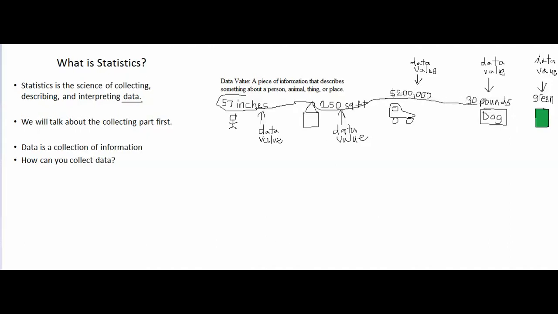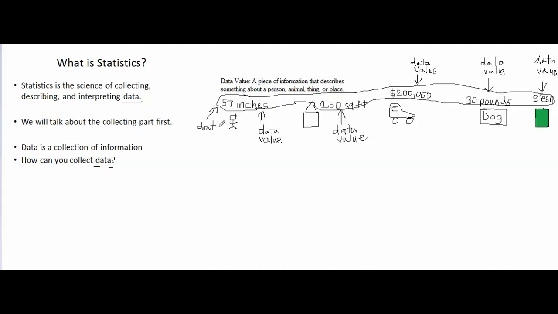We have a collection of data values. So the word data is just a plural word for data value. When you see the word data, just think of more than one data value. So I'll label this circle with the word data just to show you that inside the circle we have data because we have more than one data value inside of there.